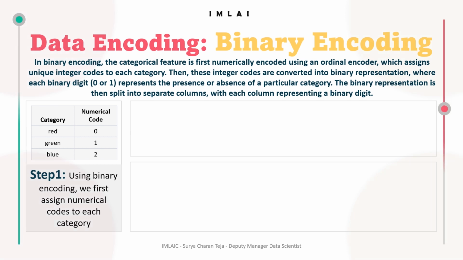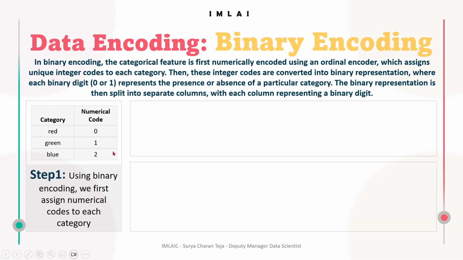The first step in binary encoding is to assign numerical codes to each category, like ordinal encoding: 0, 1, 2.